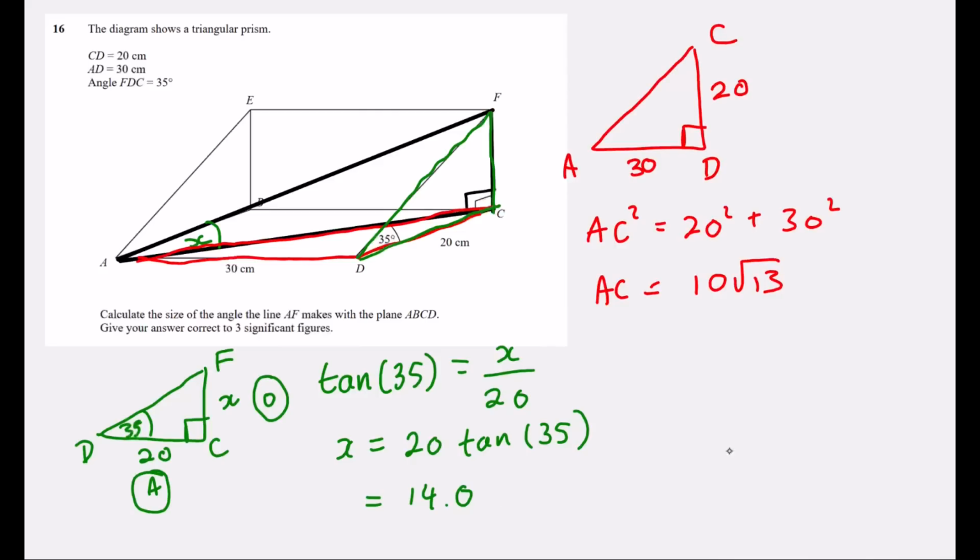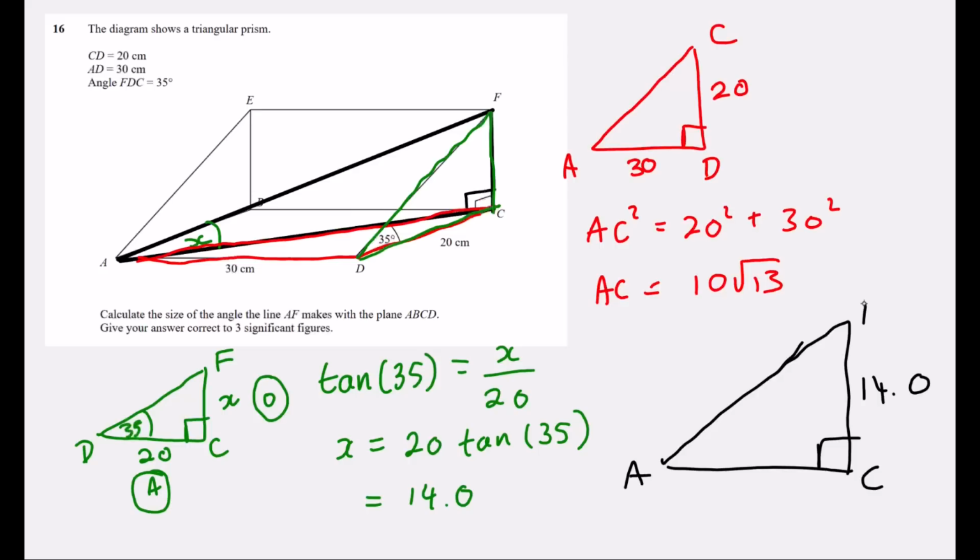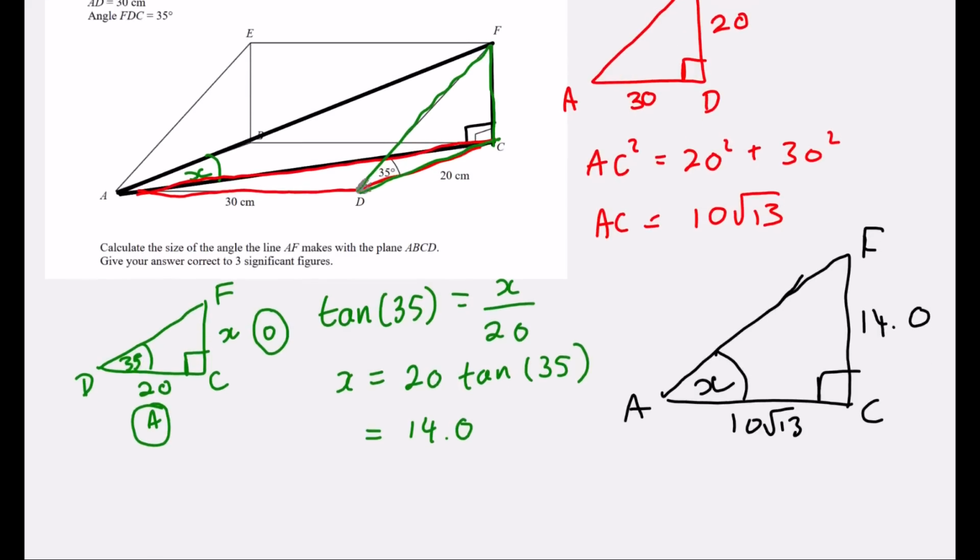And now we've got two sides of our right angle triangle. We've got C to F as 14.0. We've got A to C as 10 square root 13. And we want to find angle FAC. So again, it's a right angle triangle. We've got the opposite and the adjacent again. So it's tan.